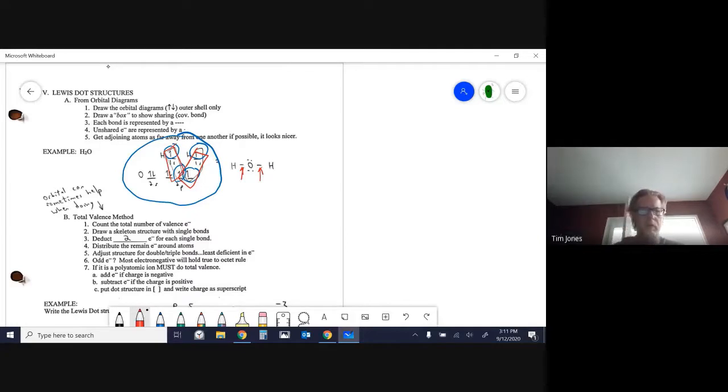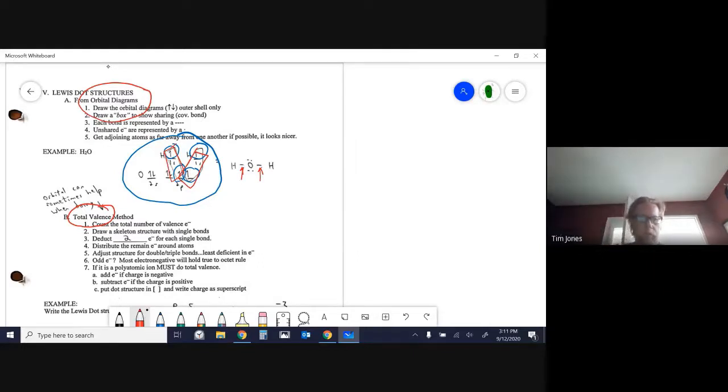Now, the normal way to do Lewis structures is what's called the total valence method. And that's how you're typically taught to do this. So when you do the total valence method, if you find that you're having a hard time figuring out what to do, try the orbital diagram and it may sort things out.